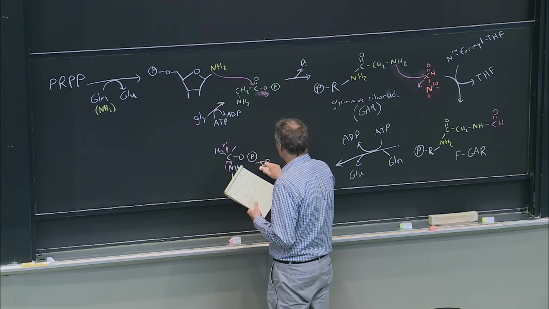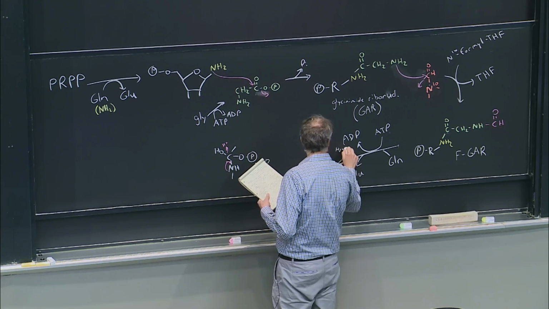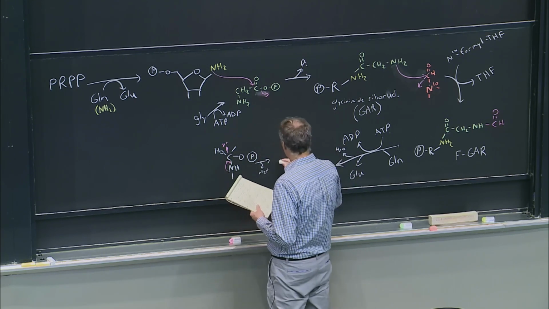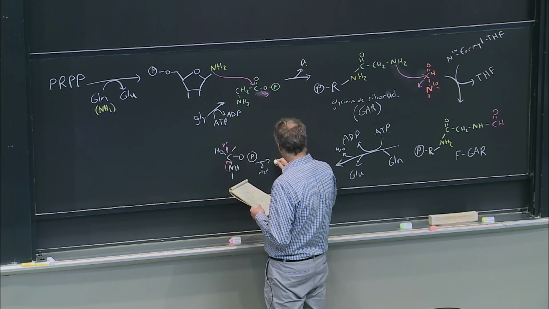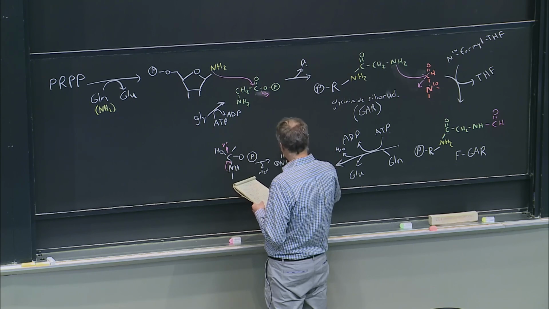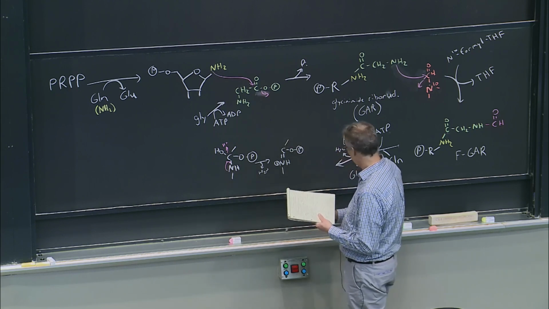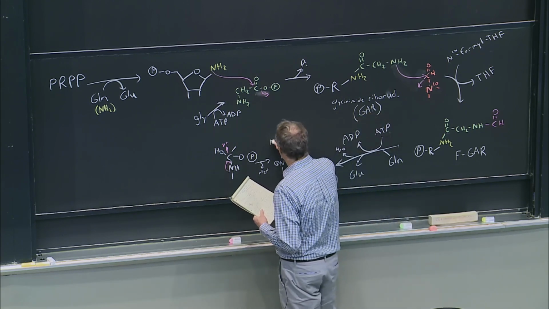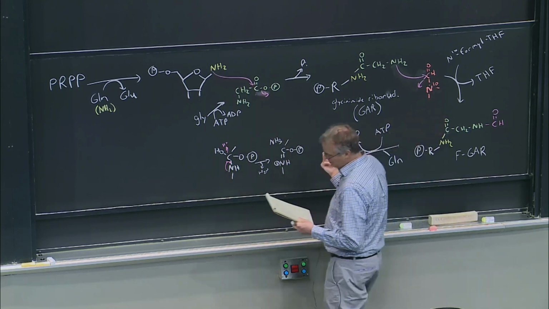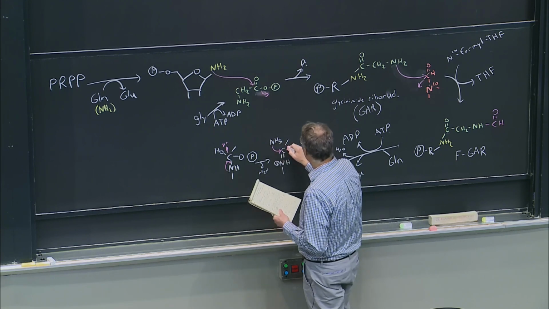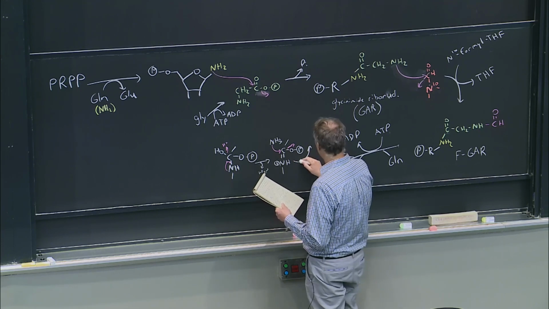That will lose a water, giving this intermediate, then the ammonia from glutamine to glutamate comes here and releases the phosphate.